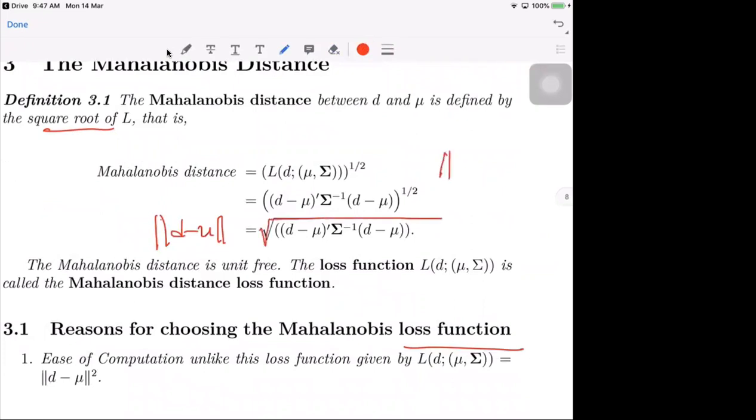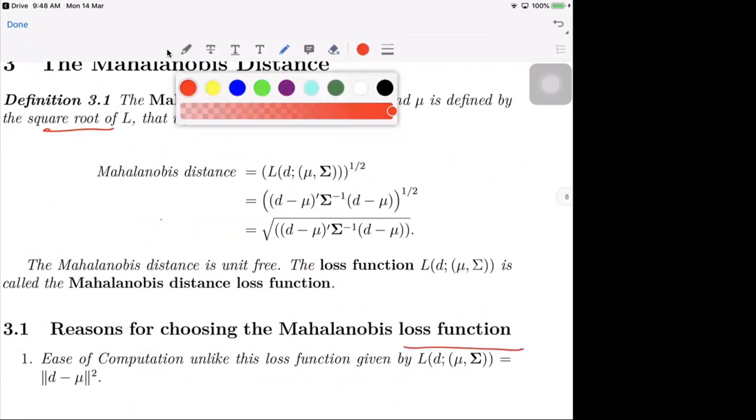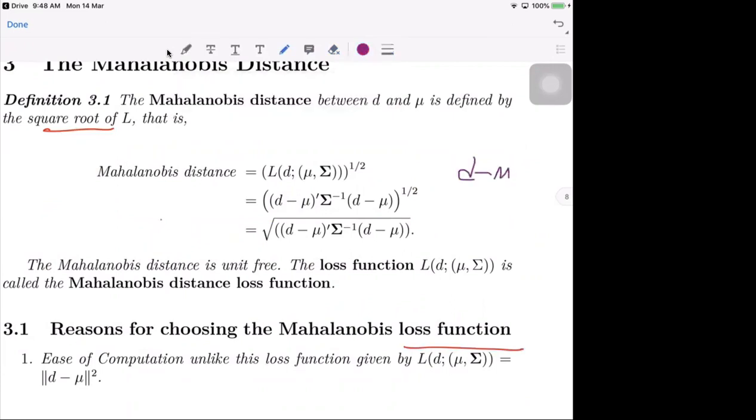Okay, we still need the square root. So the squared norm of D minus U has no square root there. And this is divided by sigma squared to make it normalized or standardized, no? So it looks like D minus mu norm, standardized by the variance.